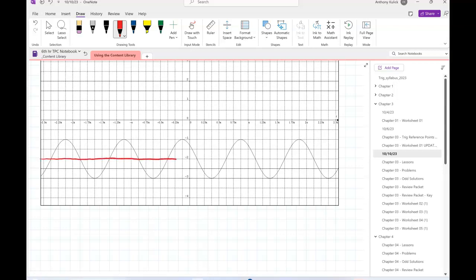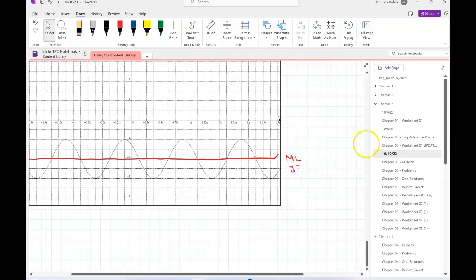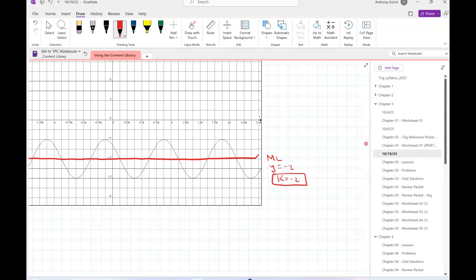So I always start by finding the midline first. So I know that my k is -2. If I look at my amplitude, that's 1. So my a is going to be plus or minus 1.